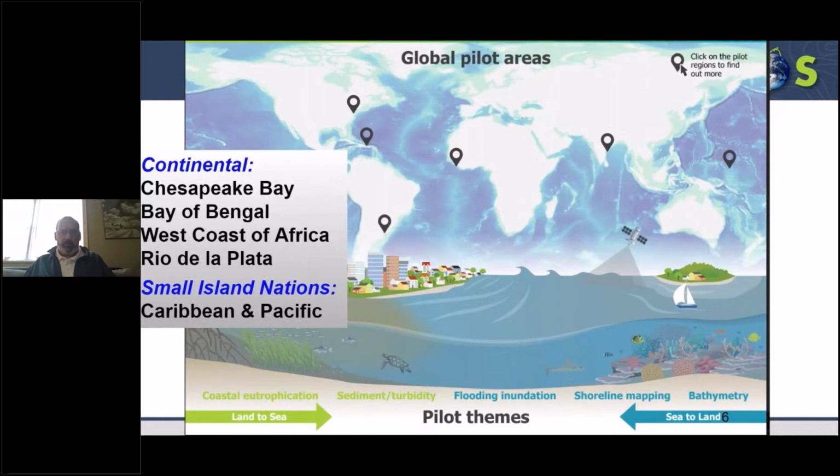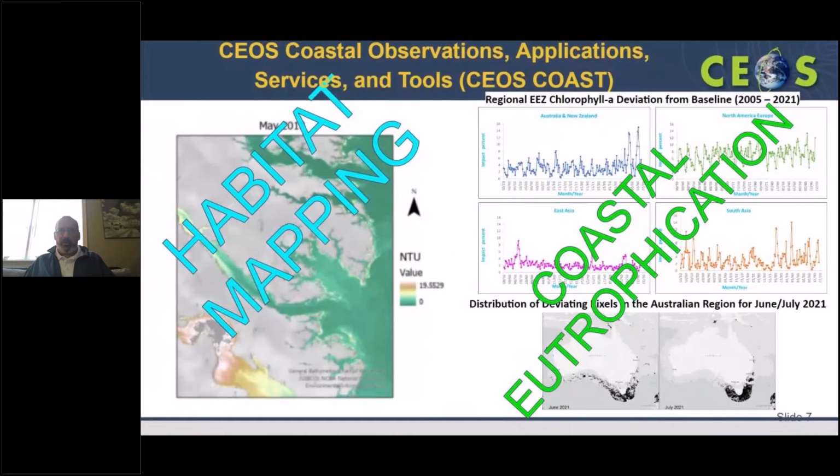And particularly because, as we're all aware, these are areas that are extremely sensitive to the impacts of climate change, and many of the different problems that we speak about in coastal zones globally are exacerbated in these small island nations.